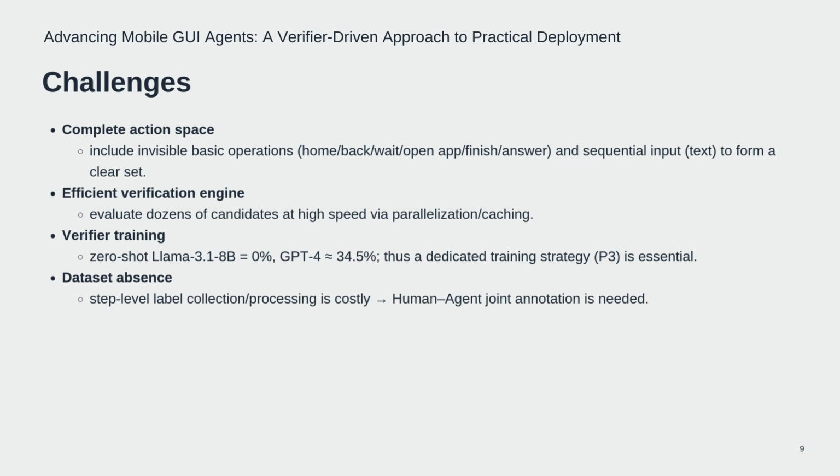They had to devise a way to collect step-level annotation efficiently, which led them to a human-agent joint annotation scheme. So these four challenges, defining the full action space, making verification fast, training the verifier effectively, and gathering training data, are what the next parts of the work address. Each of their contributions is aimed at solving one or more of these challenges.